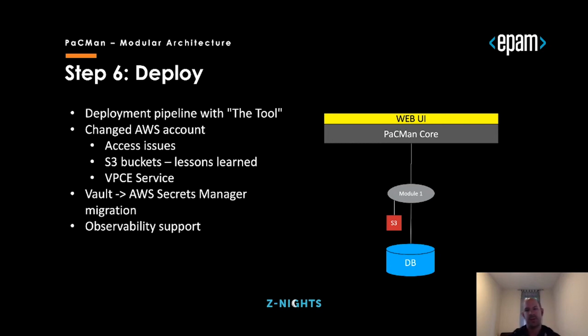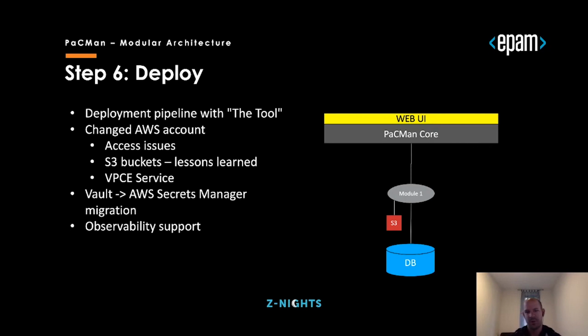After that, we could start the deployment. We built a deployment pipeline with a tool that will be mentioned in the next slides. Because of this, we had the AWS account, and we had a bunch of access issues with APIs, and a lot of issues around S3 buckets.